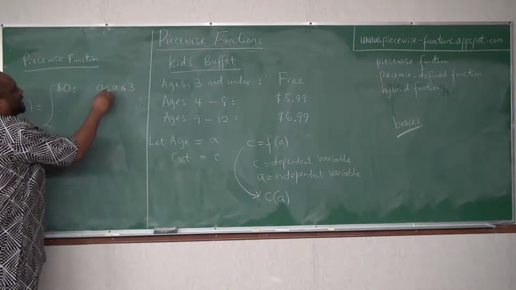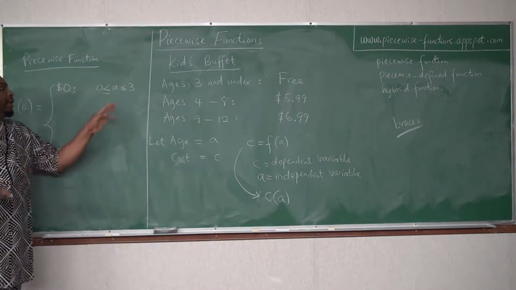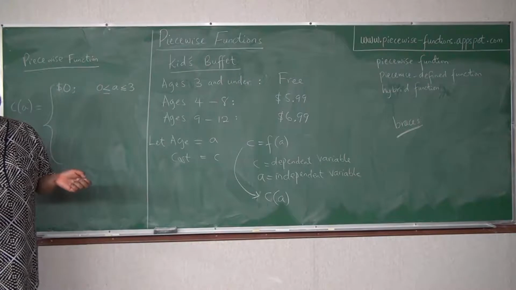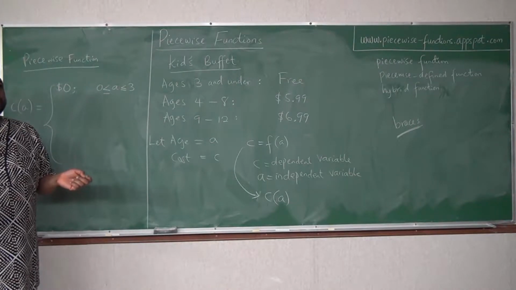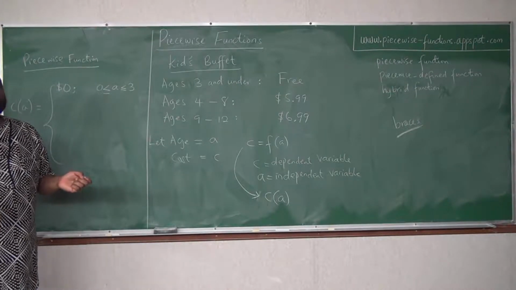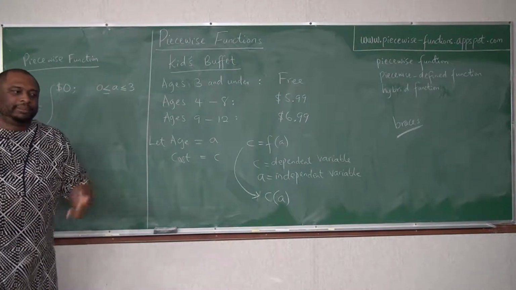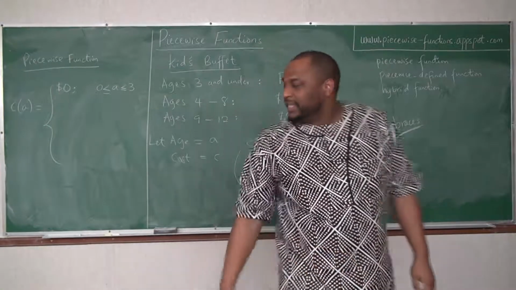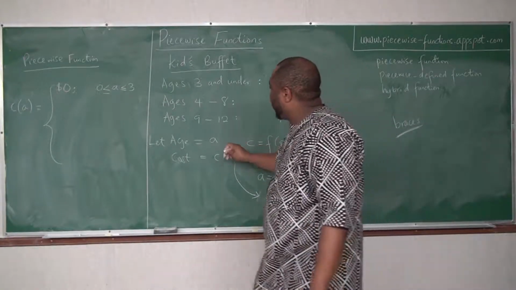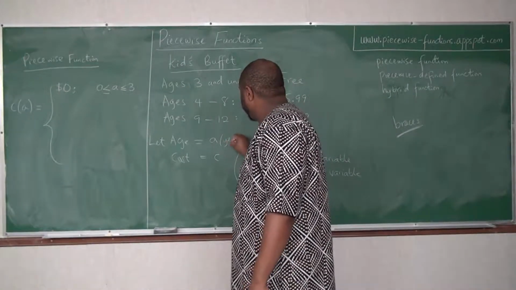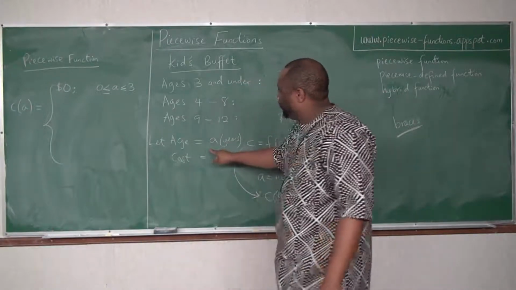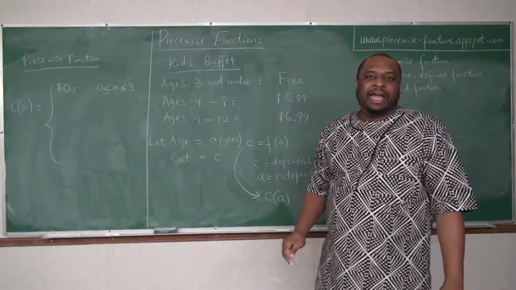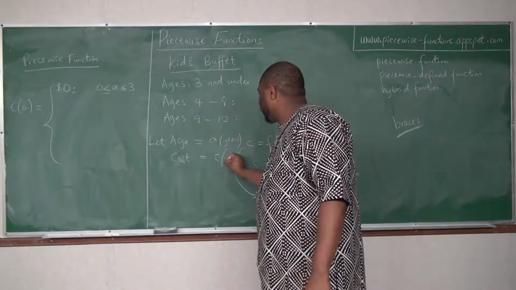Would you say somebody is 0 years old? Yes, you can. Since age is A in years, put this in years then. Put age is A in years, and then cost is C in dollars.